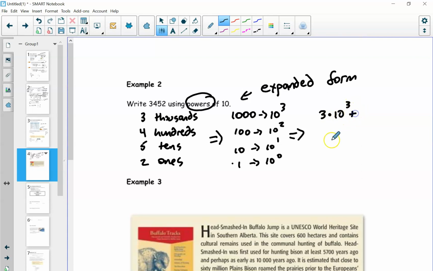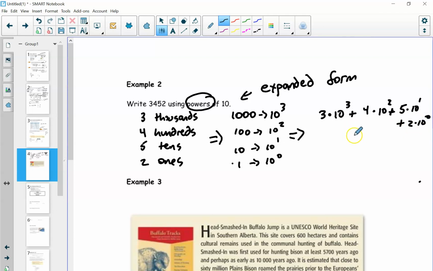Then plus, what's the next one? It's 4, and we're going all the way back here to the 4. These are the numbers that we really care about. 4 times 10 to the power of 2, plus 5 times 10 to the power of 1, plus 2 times 10 to the power of 0.